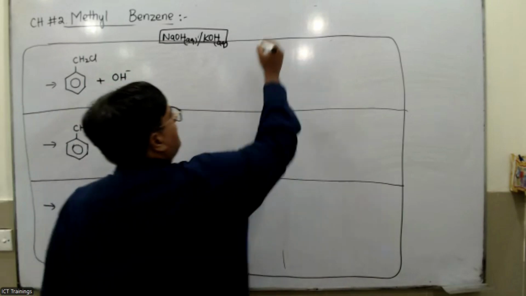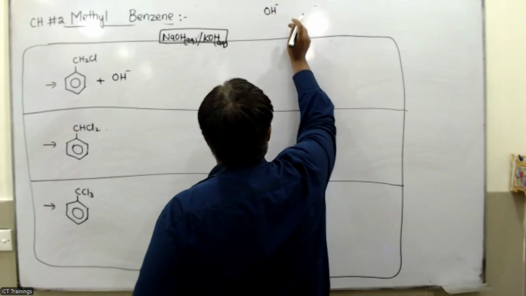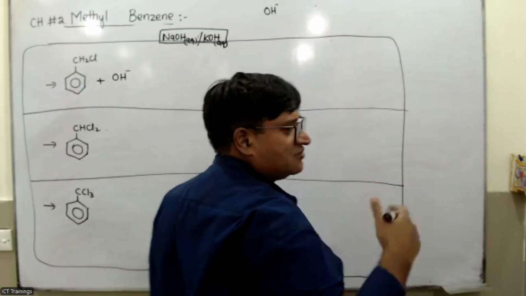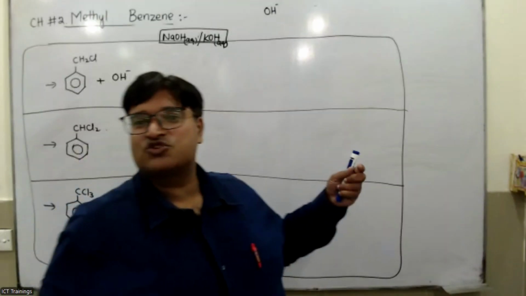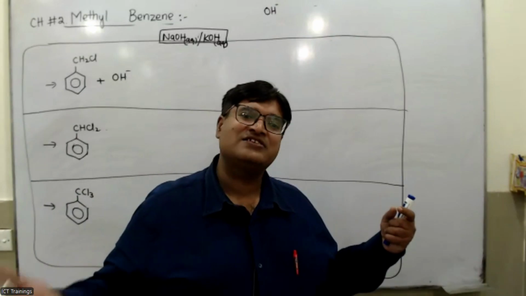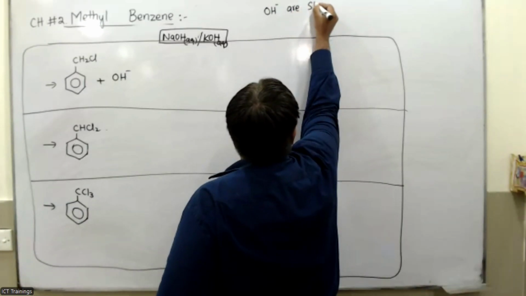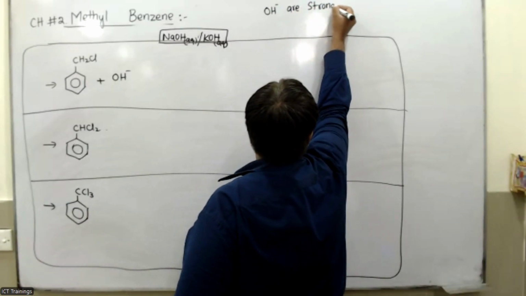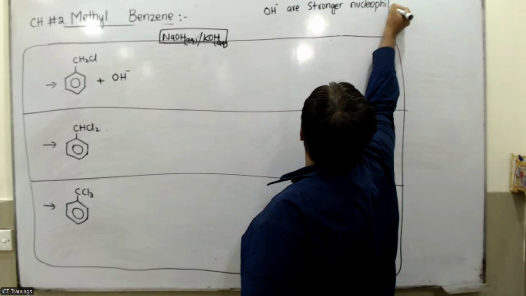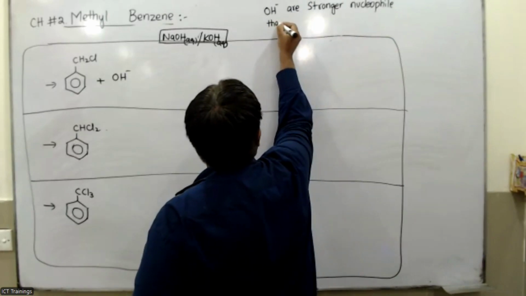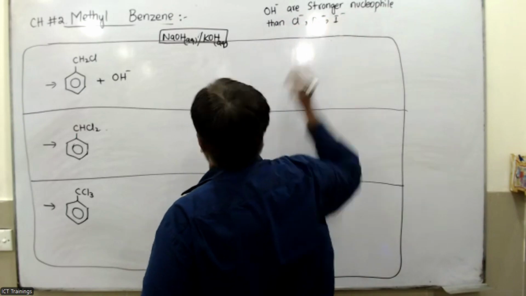Keep in mind, my dear students, OH minus is a nucleophile, sorry, not an electrophile. OH minus is a stronger nucleophile than Cl minus, Br minus, and I minus.